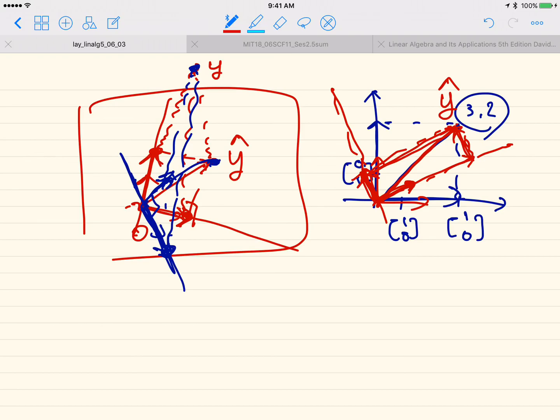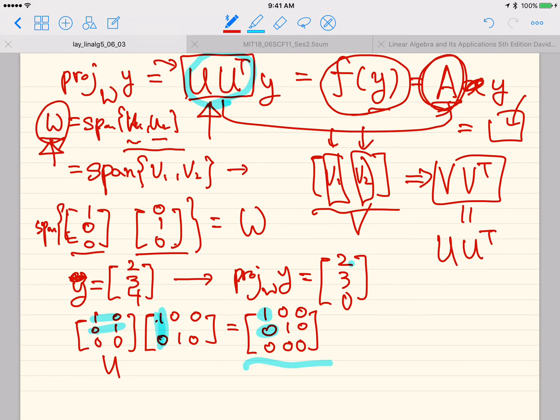Okay, so that way we write the subspace W, regardless of a particular basis. It's not determined by your particular basis, but it's uniquely defined by your subspace.